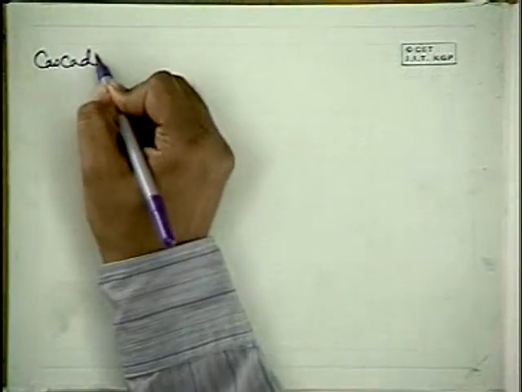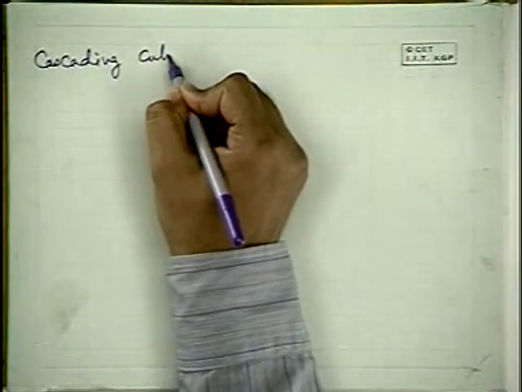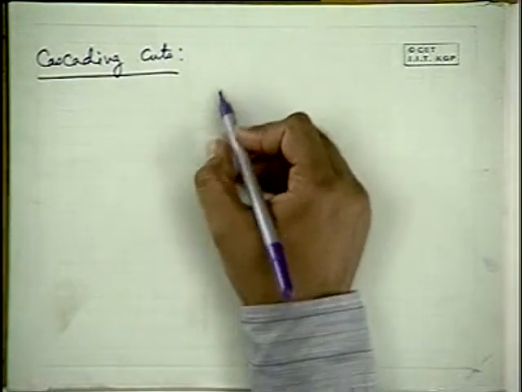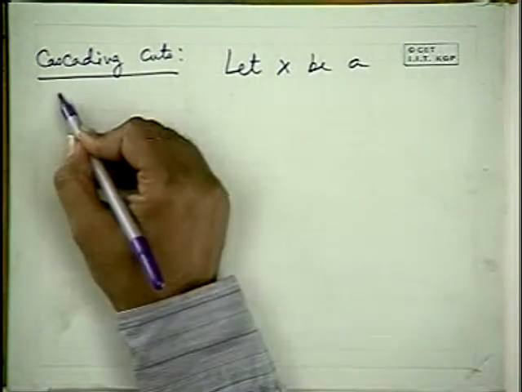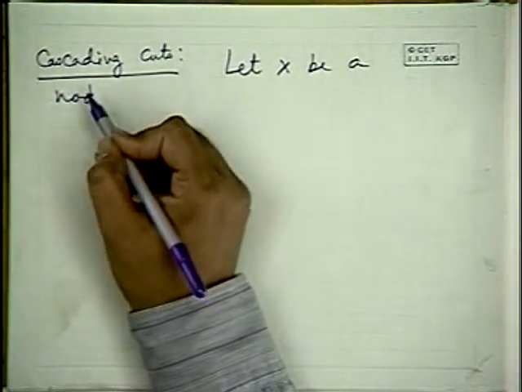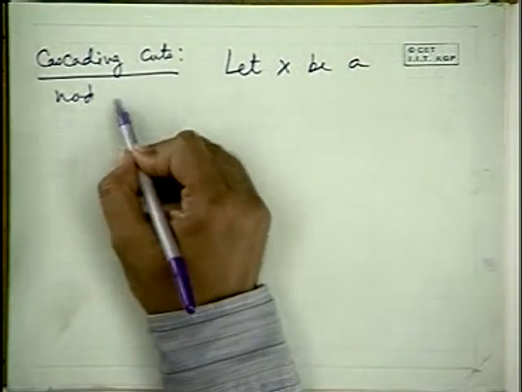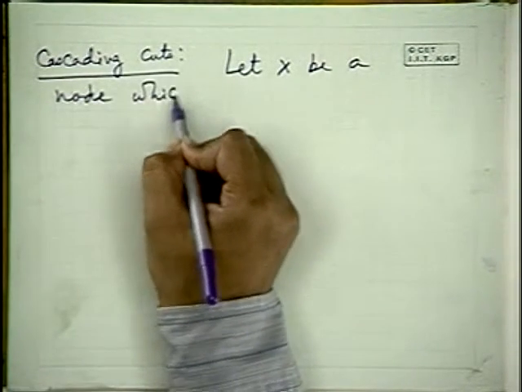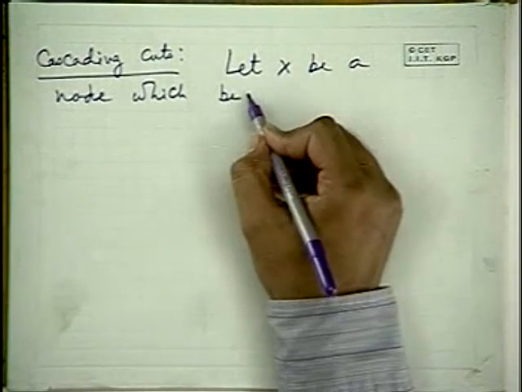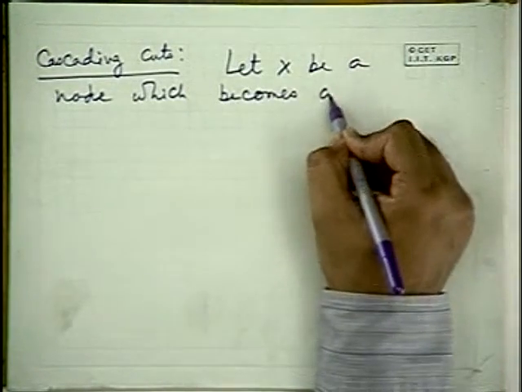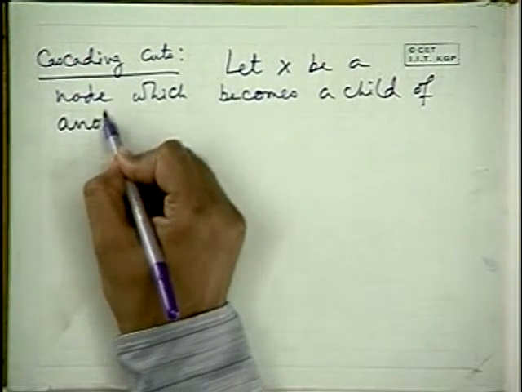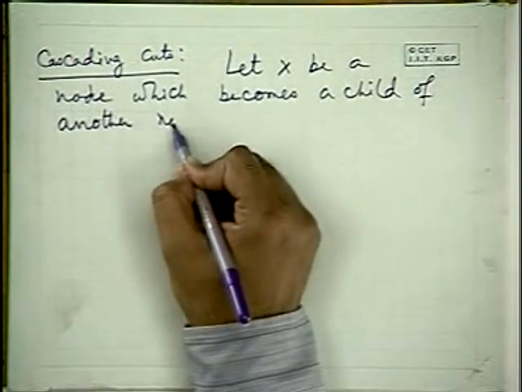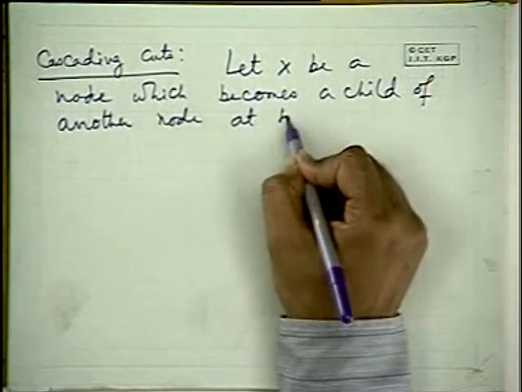So here is the cascading cut. What do we mean by cascading cuts? Let X be a node which becomes a child of another node at time, say, t.